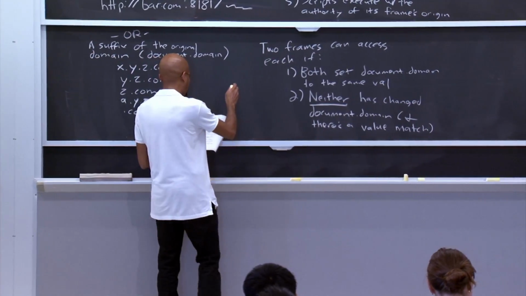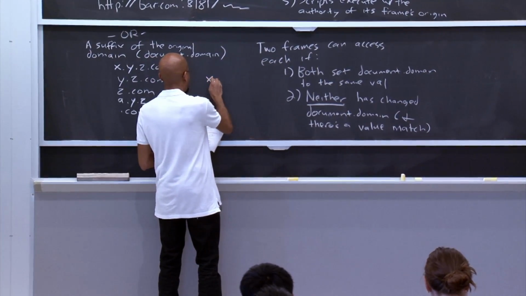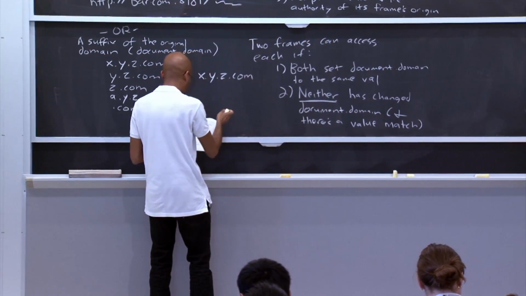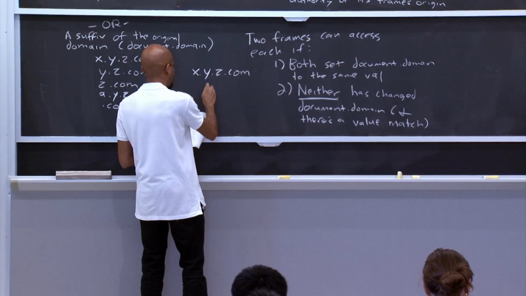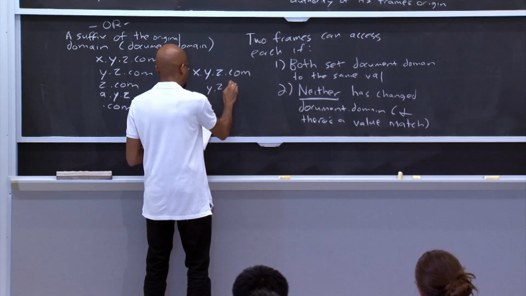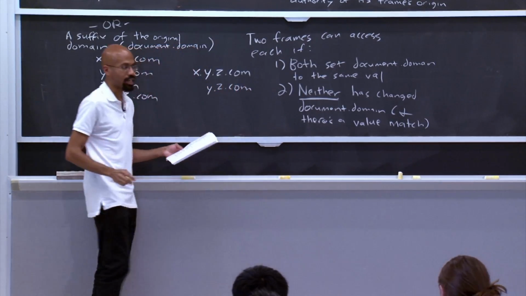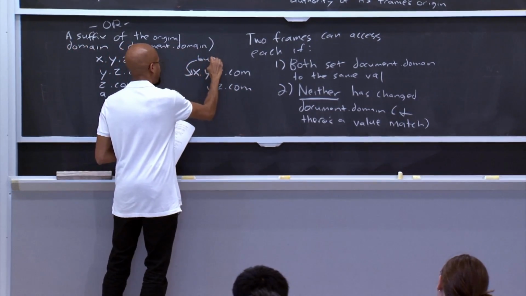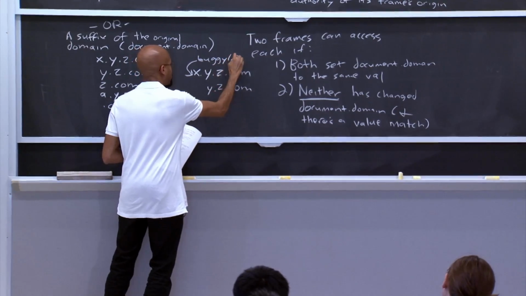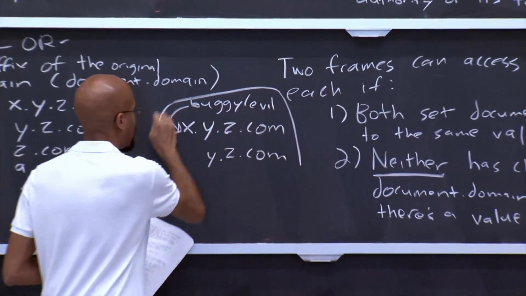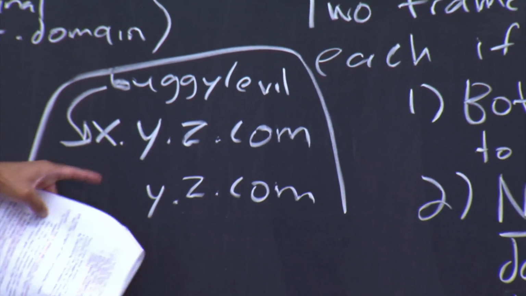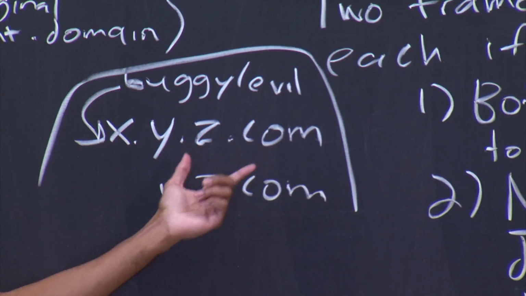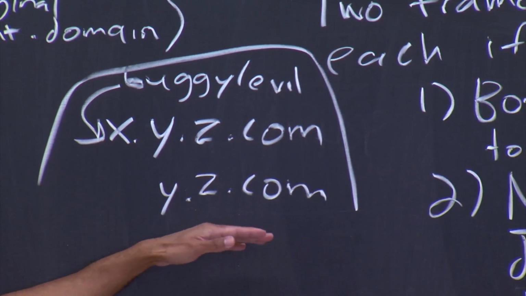So imagine that you have the domain x.y.z.com, and then imagine that it's trying to attack y.z.com. Right? So this guy up here is buggy or evil. What this guy could try to do is shorten his domain to be y.z.com and then start messing around with JavaScript state or cookies or stuff like that.